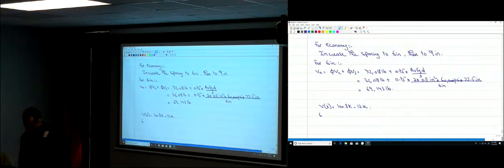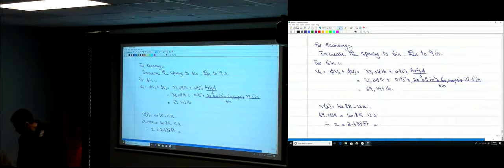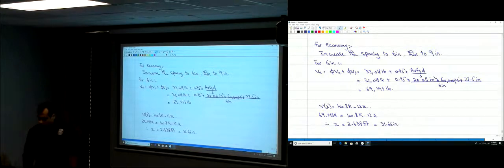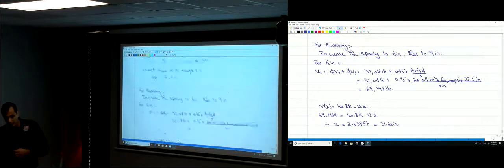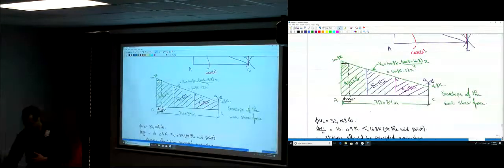So I'm just going to put the shear here equal to 69.143 K equals 100.8 K minus 12x. So therefore x is equal to 2.638 feet multiplied by 12, that's 31.66 inches.